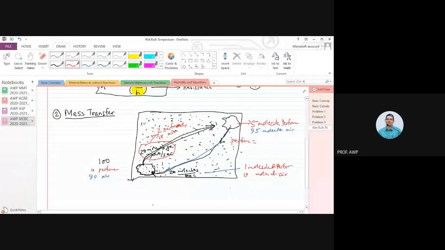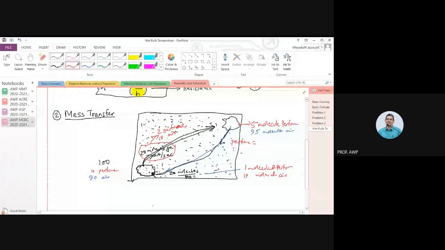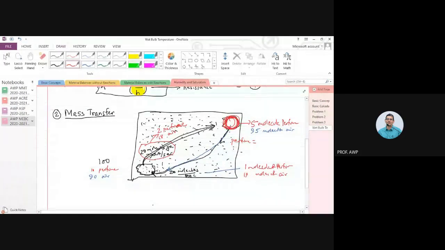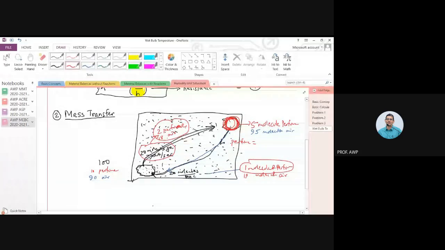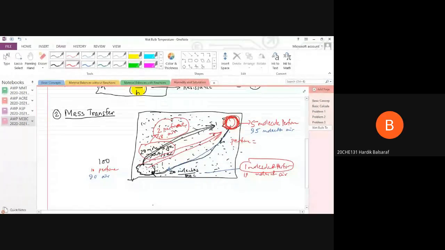Isn't it? Do you agree? Yes, sir. So now if this is the control volume, 2 molecules of perfume have come in, 1 molecule of perfume has gone out. Isn't it that there is a net transfer of 1 perfume molecule from here to here? Yes, sir.